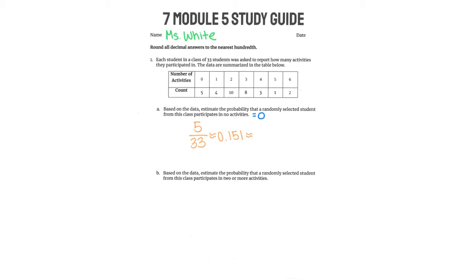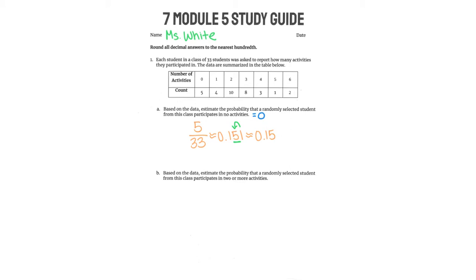The thousandths place is going to help us know whether or not we need to round up our hundredths place, which is the 5. So is 1 going to round our 5 up to 6? Well, is 1 5 or greater? No. So it is going to stay the same, and we are going to have 15 hundredths as our answer.